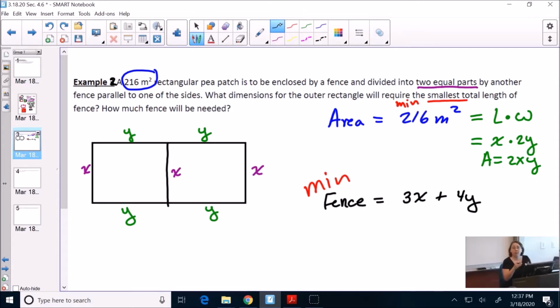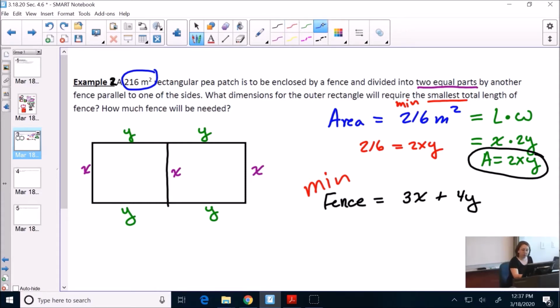Alright, well, let's back up. Before we take the derivative, can we use some algebra to try and get rid of one of the 2 variables? Well, we do know some information about the area. We know that the area is 216 square meters, and we know the area is 2 times X times Y. So can we use that information, 216 equals 2XY, to get rid of one of our letters? Use substitution.